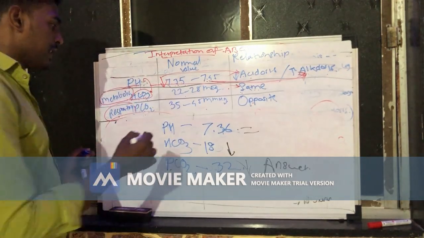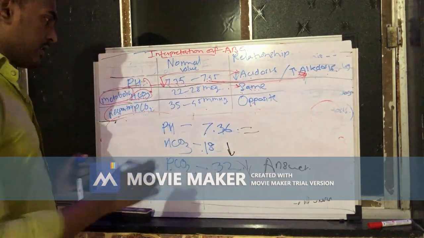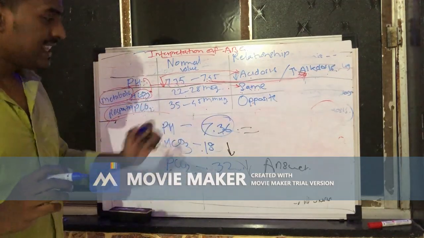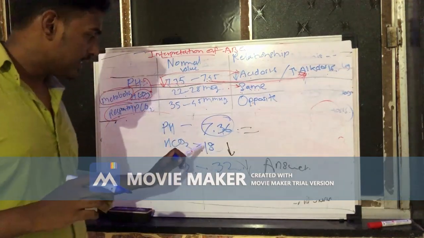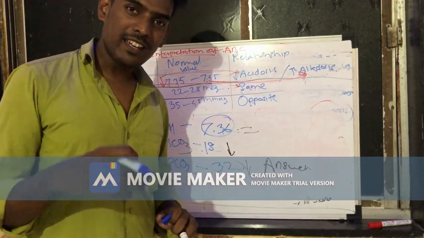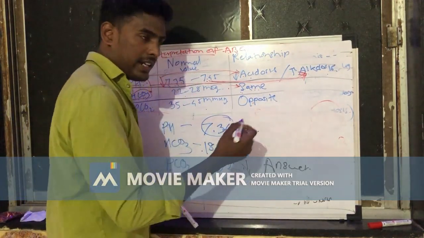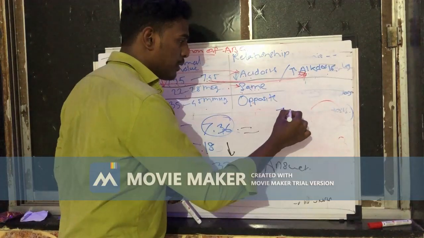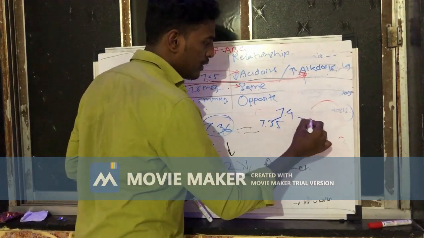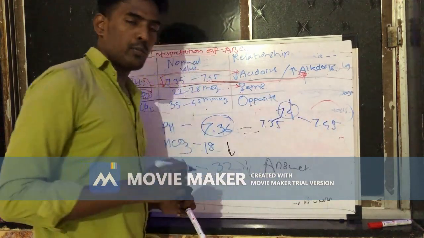Okay, see. HCO3 decreased, PCO2 decreased, pH 7.36. When this type of condition comes, when both other factors change their place, it means he compensated fully. How? We'll see. At that time we are going to bifurcate the pH between 7.35 and 7.45, and consider the middle point as 7.4.